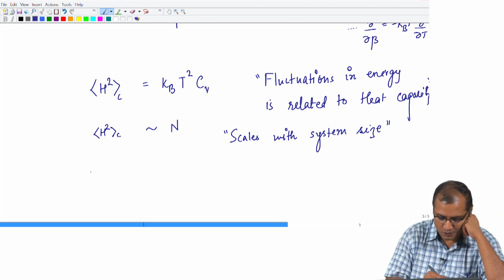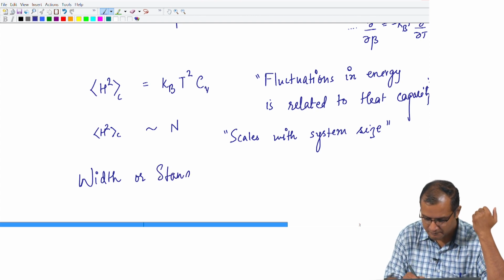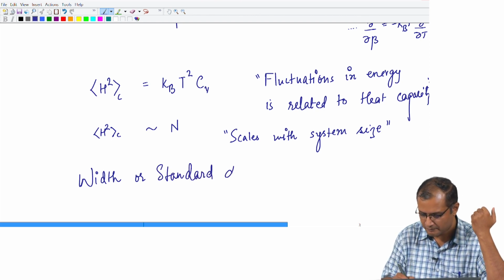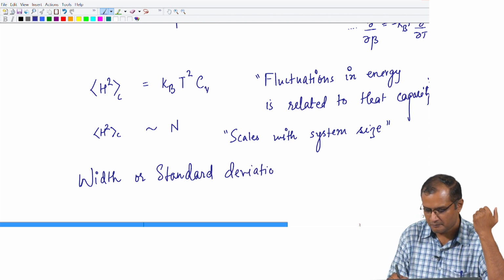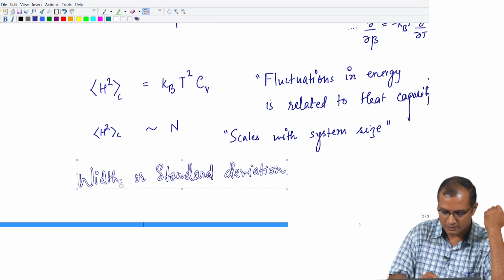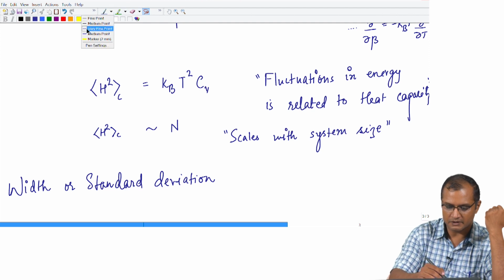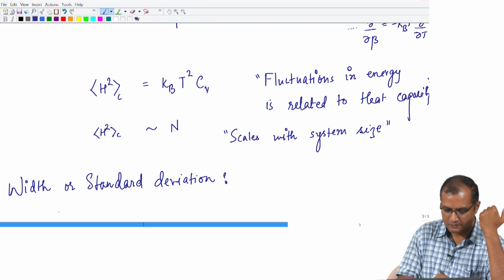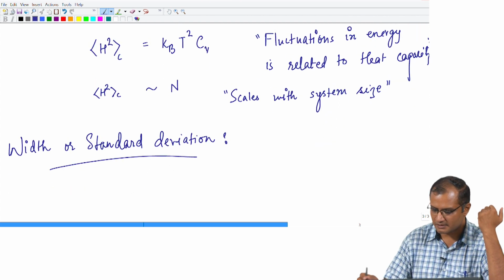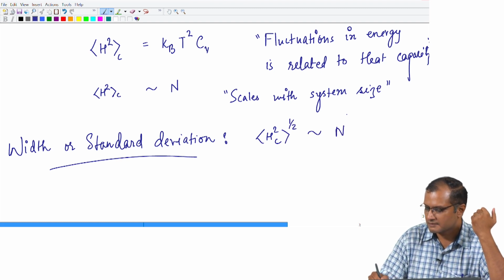So, let us compute the width or the standard deviation. This is nothing but the square root of the variance. So, this will scale as square root of N.